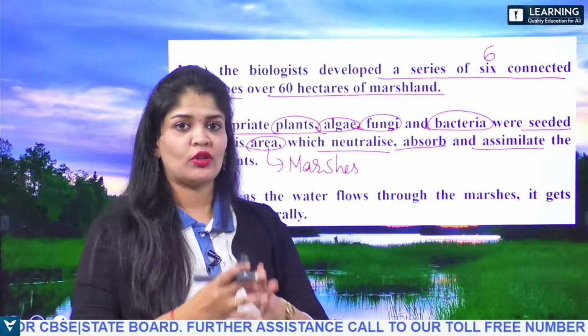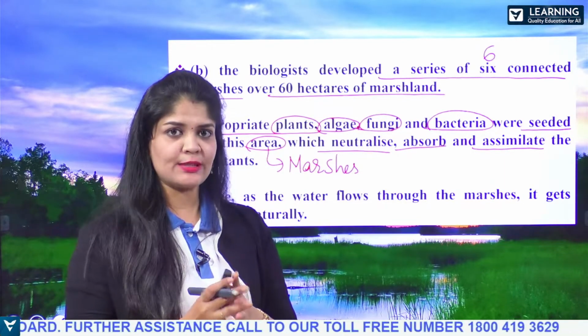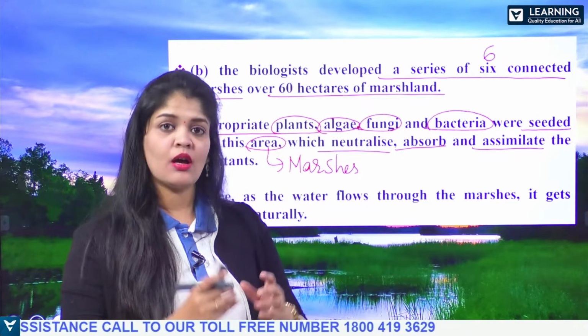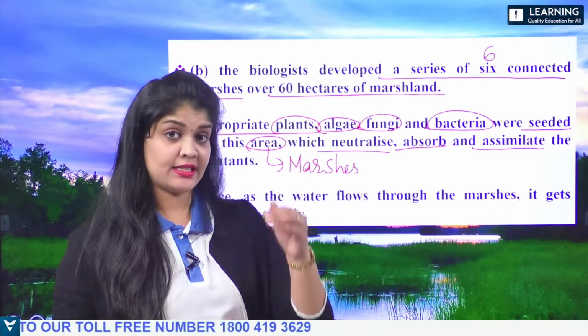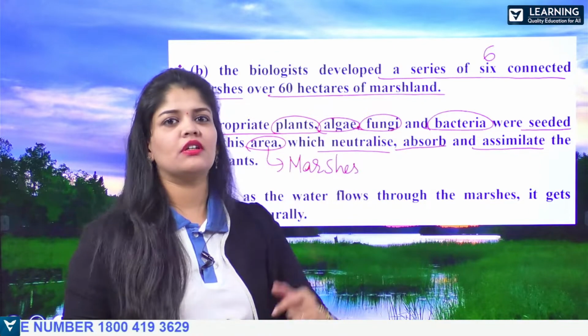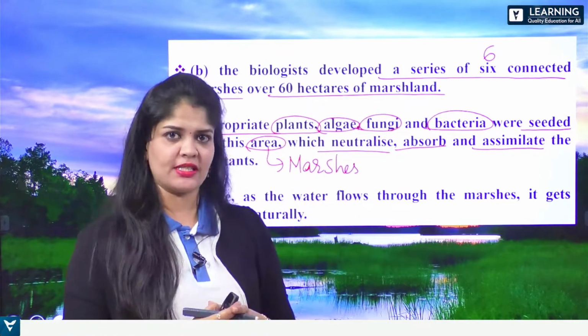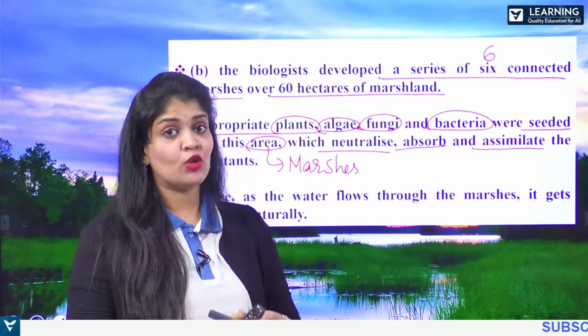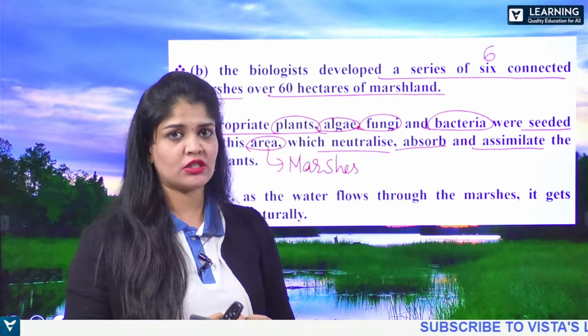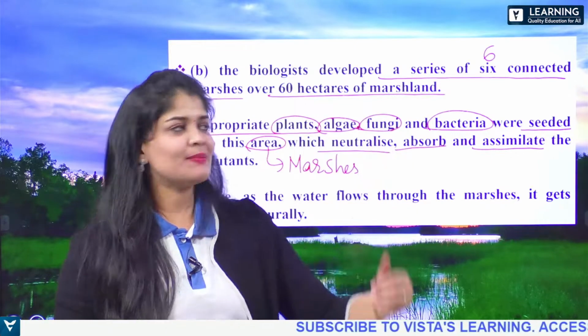Whatever solid waste is passing through the primary treatment, once the primary treatment is done, the wastewater still contains the dissolved form of heavy metals. For that, we are allowing this wastewater to flow through the marshlands.